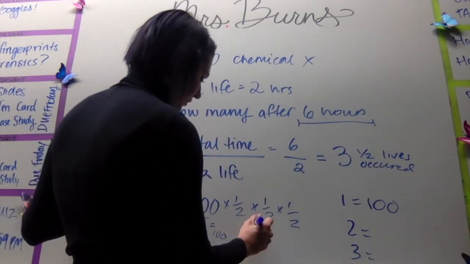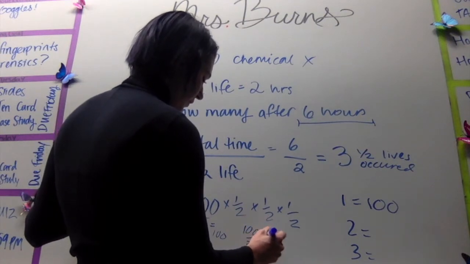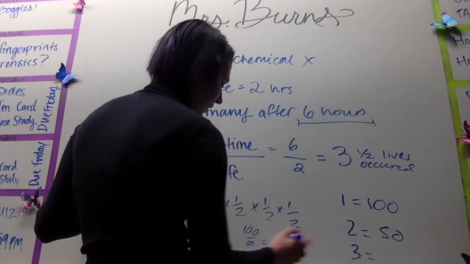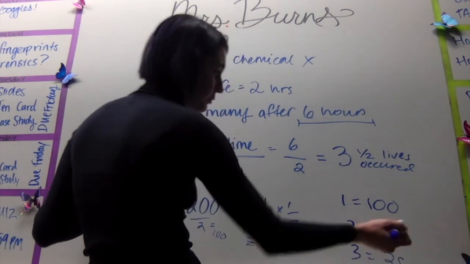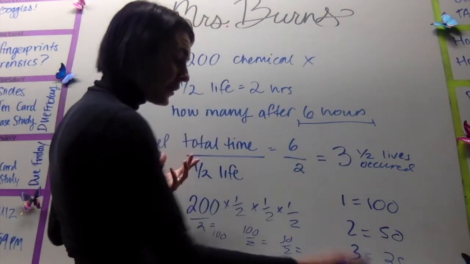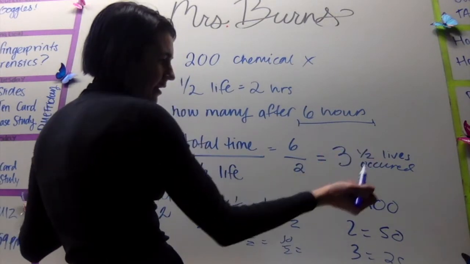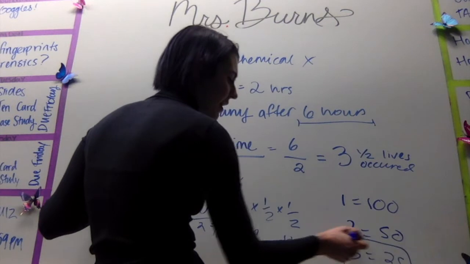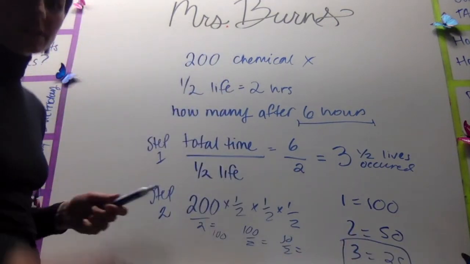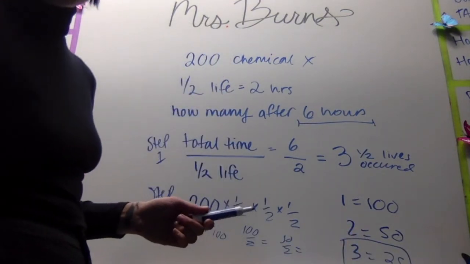And then 100 divided by 2 equals 50. And then 50 divided by 2 equals 25, which means that at the end of the third half-life, which is the same way of saying at the end of the 6th hour, we have 25 isotopes of chemical X. So that's how you would solve that one.